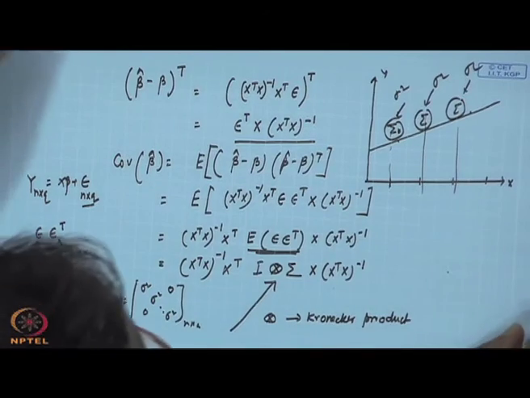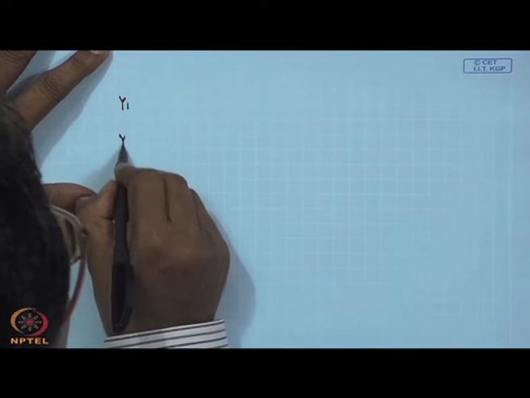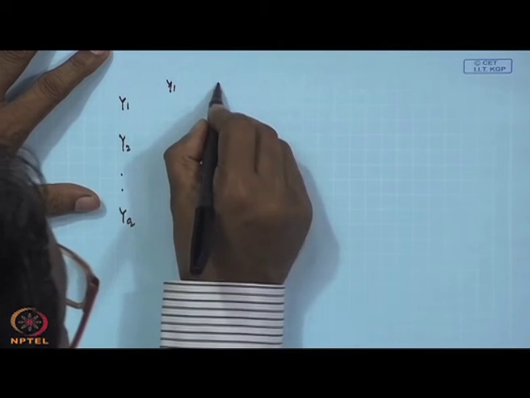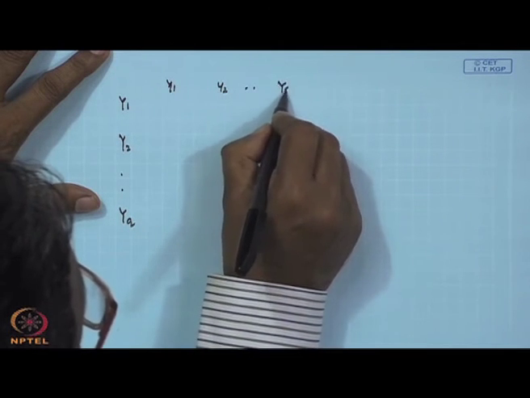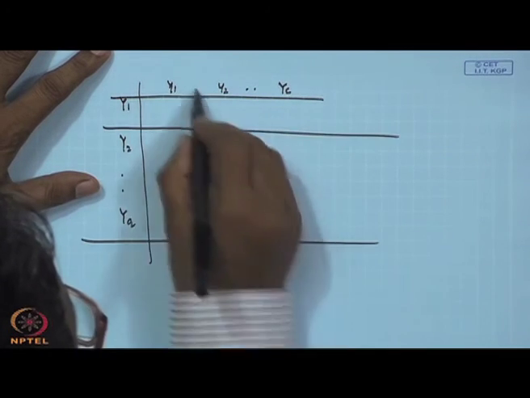So, in this case what is happening? Suppose I have y1, y2, similarly yq, and on this side also y1, y2 up to yq. So, see what is happening here.